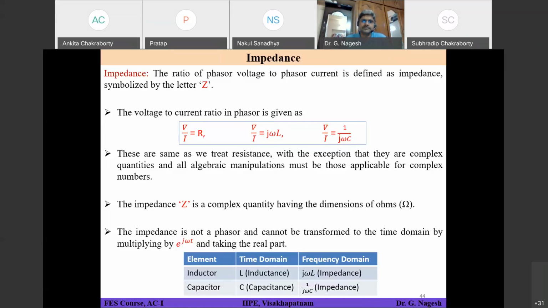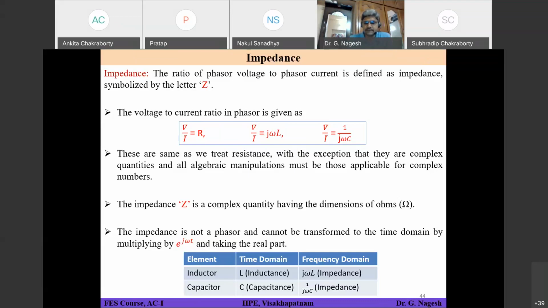For resistor it is only R. For pure inductor it is j omega L, which is also called inductive reactance, and for capacitor it is 1 by j omega C, which is also called XC, capacitive reactance, and the unit for impedance is ohms. We have seen all these things.